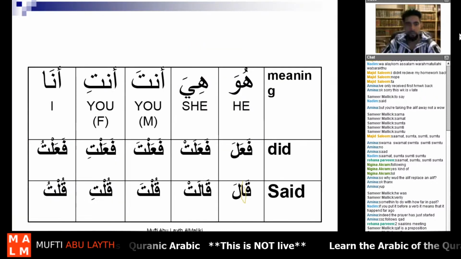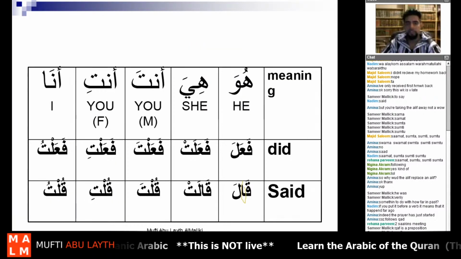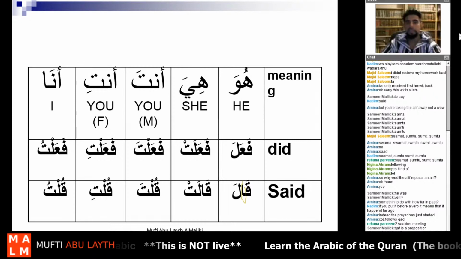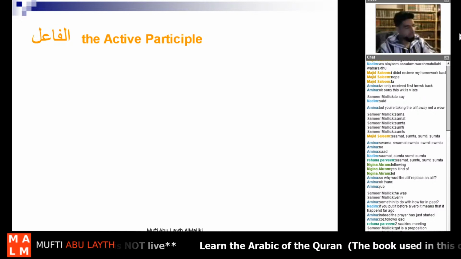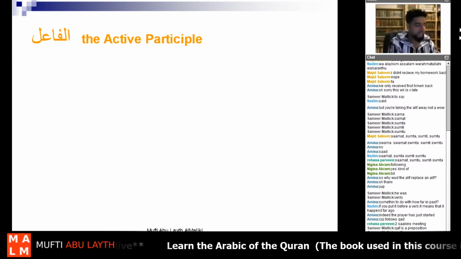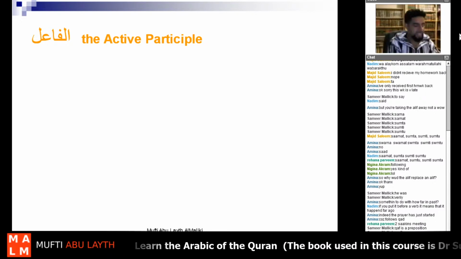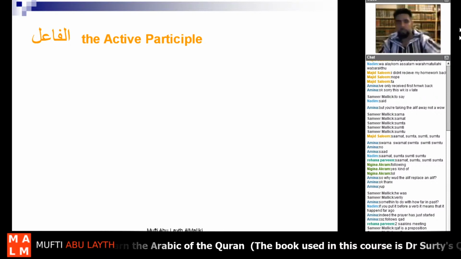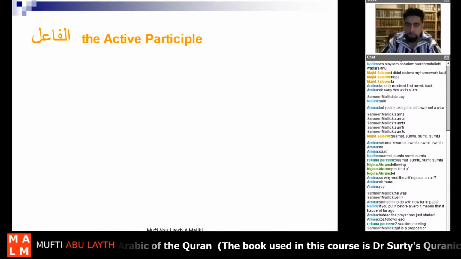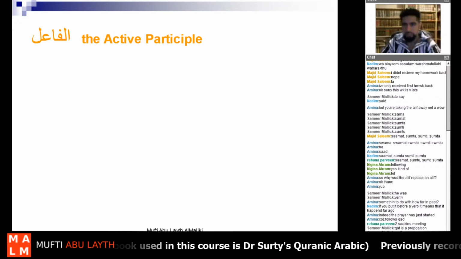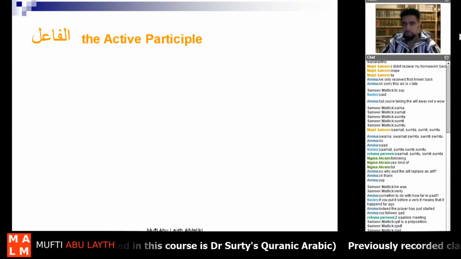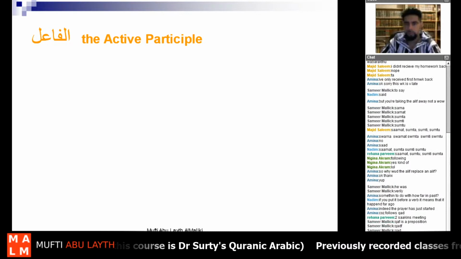What we're interested in is the hollow verbs and the active participles, because we covered hollow verbs last session, but what we didn't cover was how to make the active participle out of them. Before we go into that, can somebody reiterate what an active participle is?